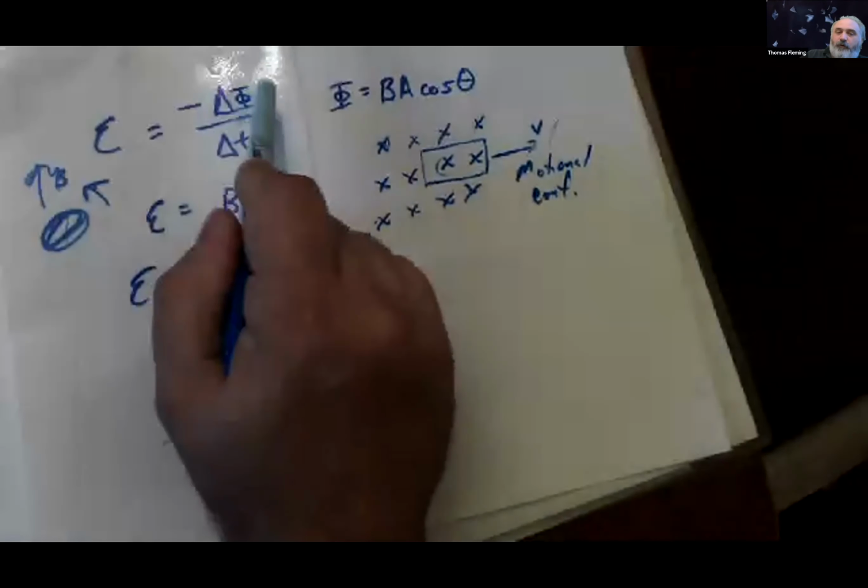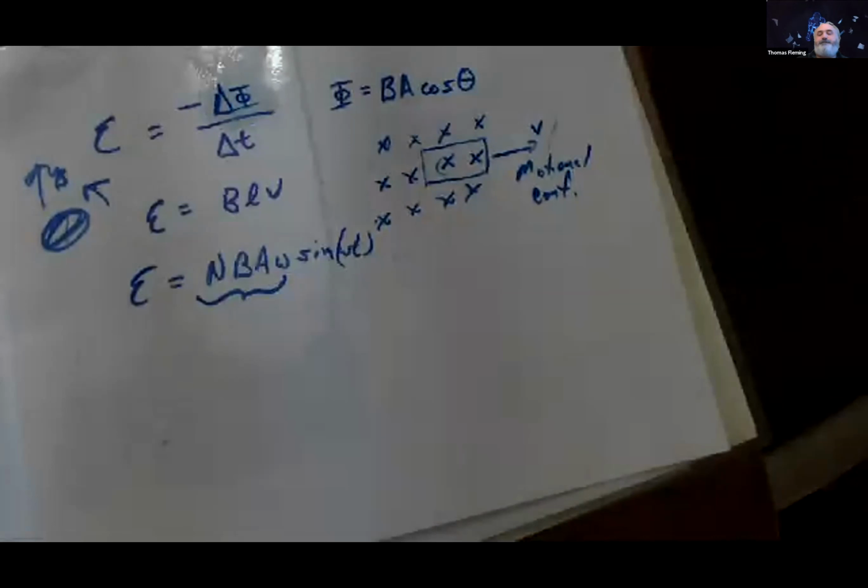But this, always true. So Dr. Fleming, for E equals BLV, it's every time the magnetic field is not uniform? Correct. How can you formulate a sentence so we can know about it?